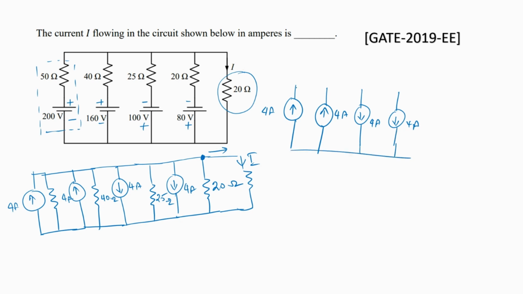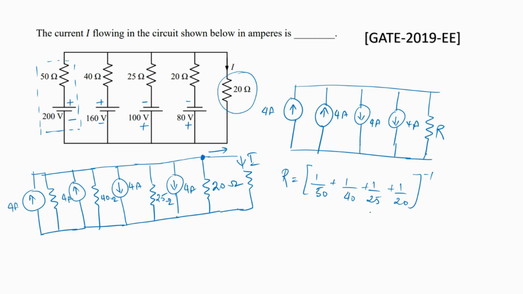Now connected with this would be the resistor, I'll call it R, where R is going to be nothing but 1 by 50 plus 1 by 40 plus 1 by 25 plus 1 by 20, the whole inverse, because they are all parallel to each other. And this is going to be in parallel with the 20 ohm resistor in concern, through which we need to compute I.